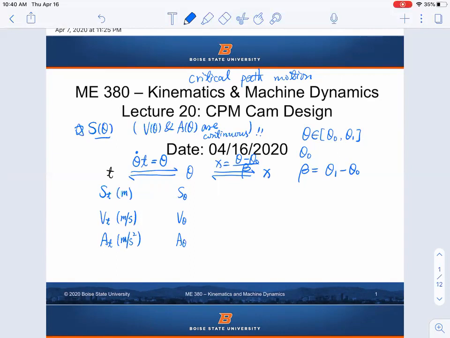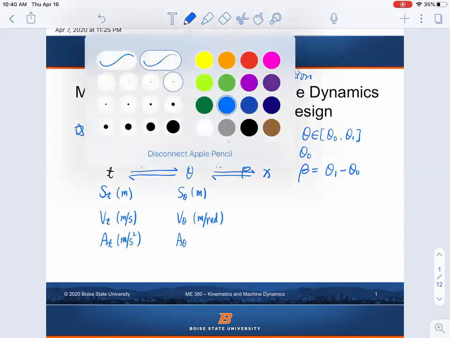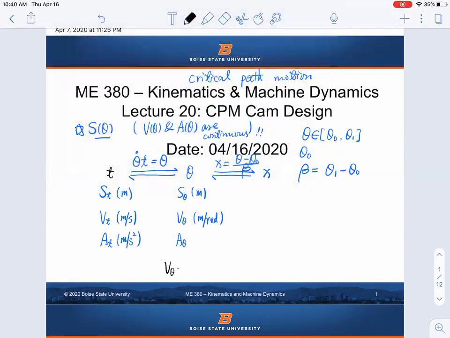Your s theta is a function of theta. The unit here is meters again, but your velocity is meters per radian. That's because your v theta by definition is ds theta over d theta.